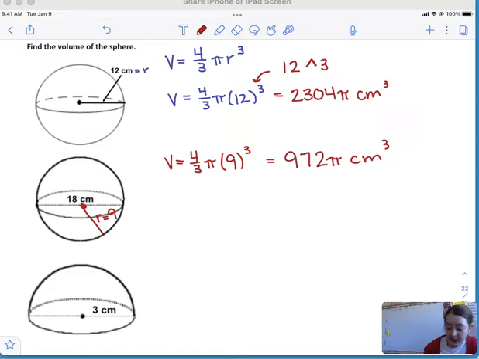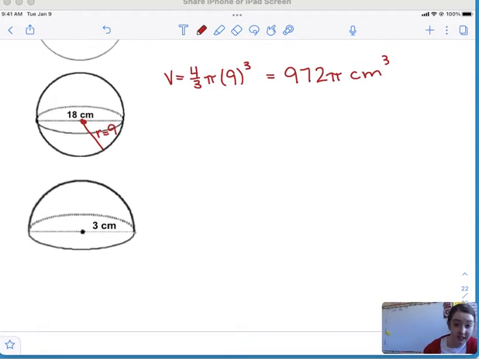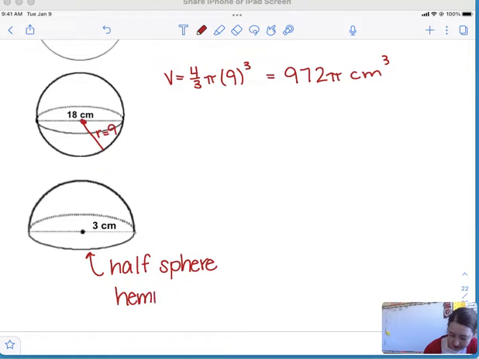In the next one, we have half of a sphere. A half sphere is called a hemisphere. So like we live in the northern hemisphere because we're on the top half of that globe.